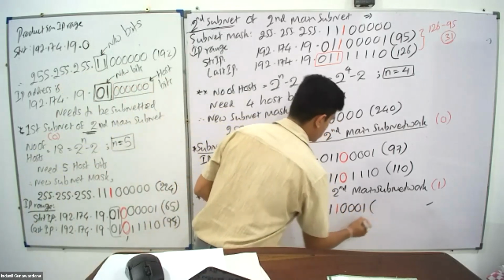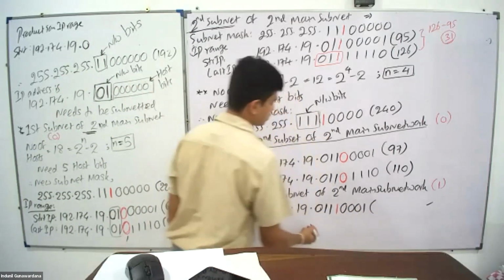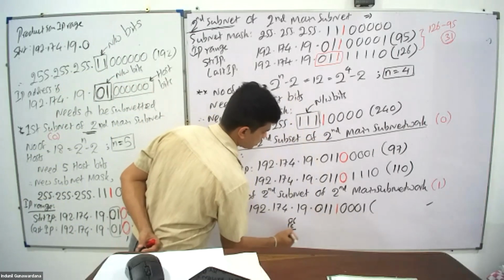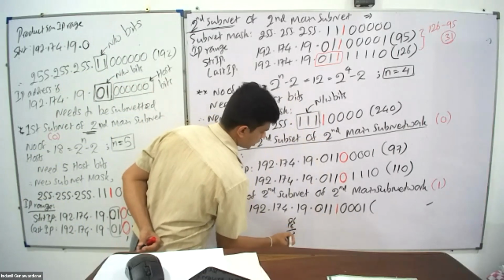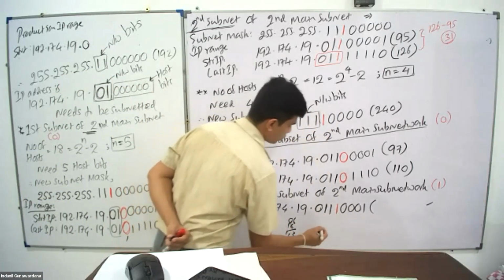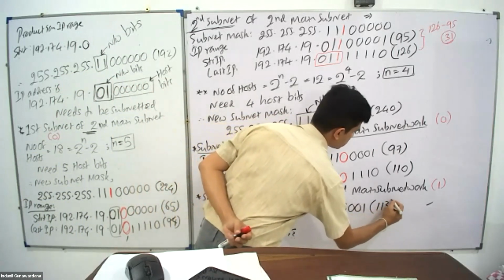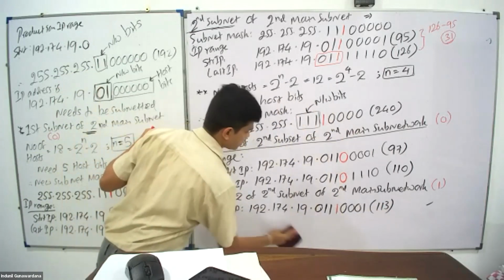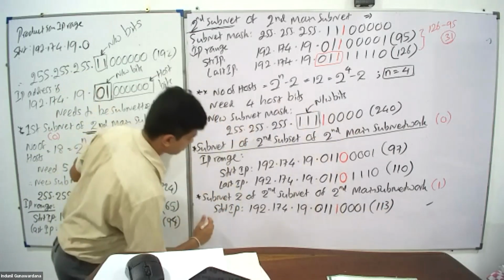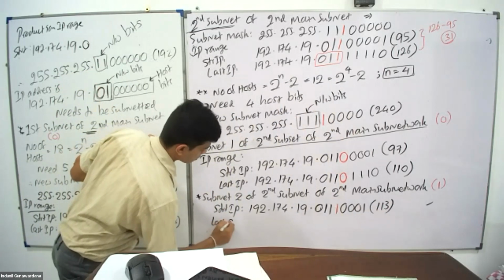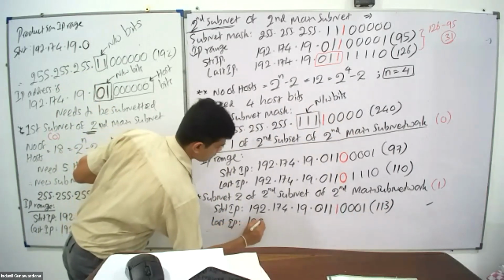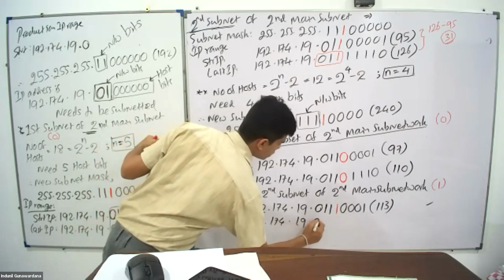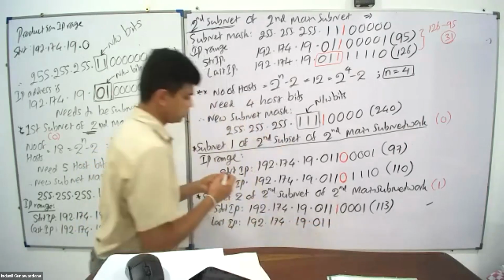Yes. This is going to be 96 and 16, 12, 1, 1, 12 plus 1, 1, 1, 3. Right? And the last IP is going to be 192.174.19, 0, 1, 1.